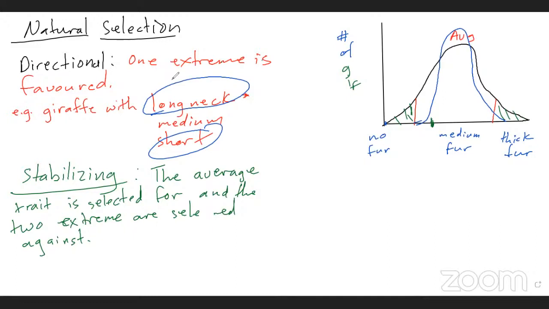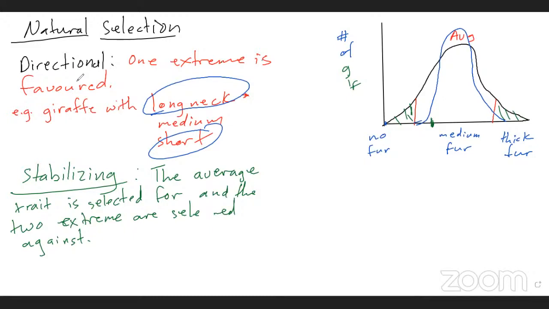Medium, that is correct. So we would just change this scenario so that a long neck or short neck is not needed. All right, so this is what you do for stabilizing, directional, and then the final one now is disruptive.